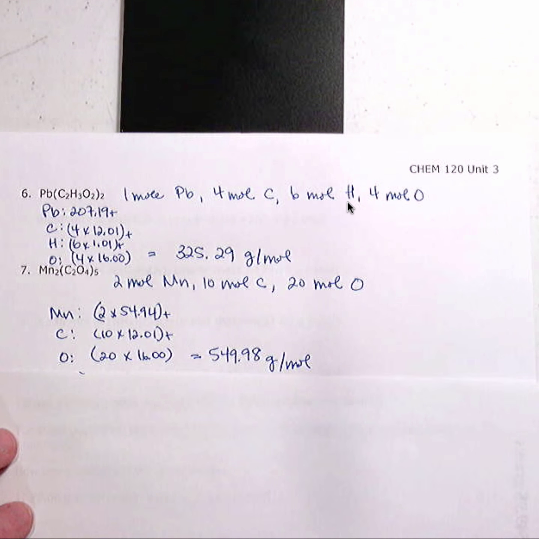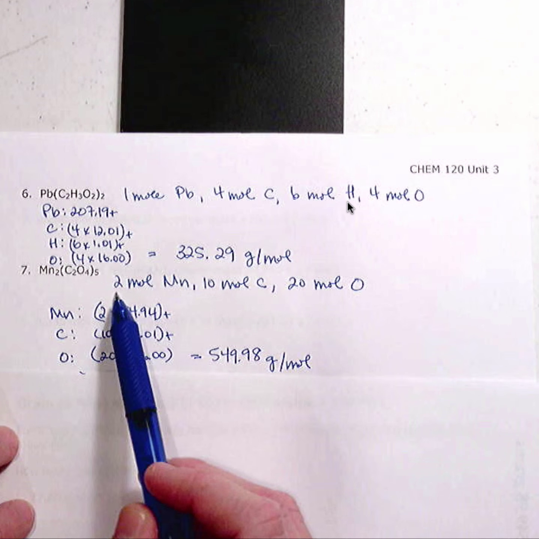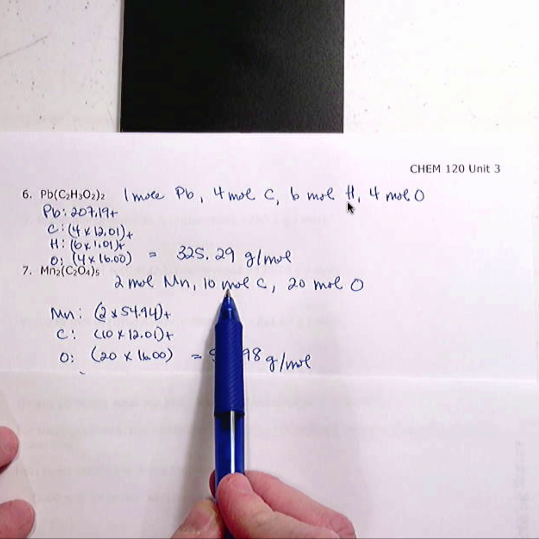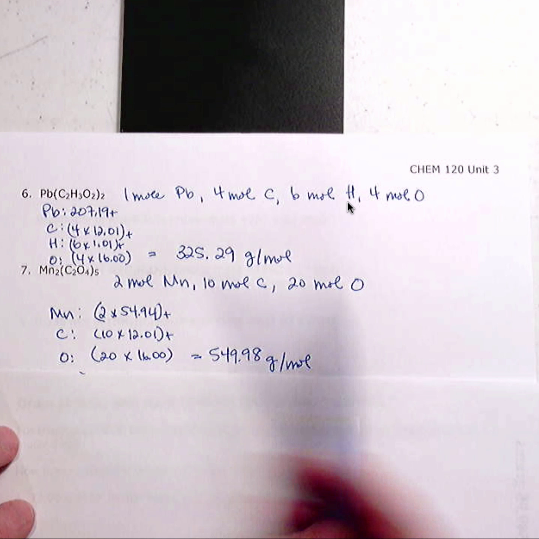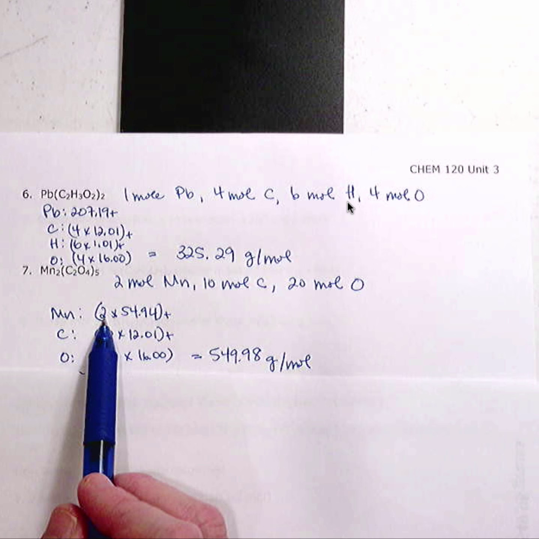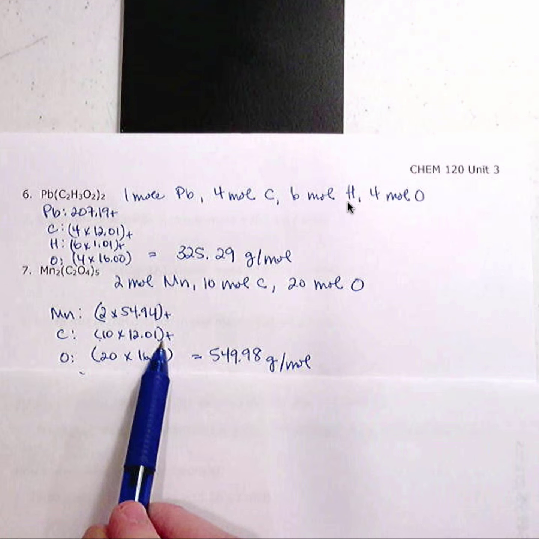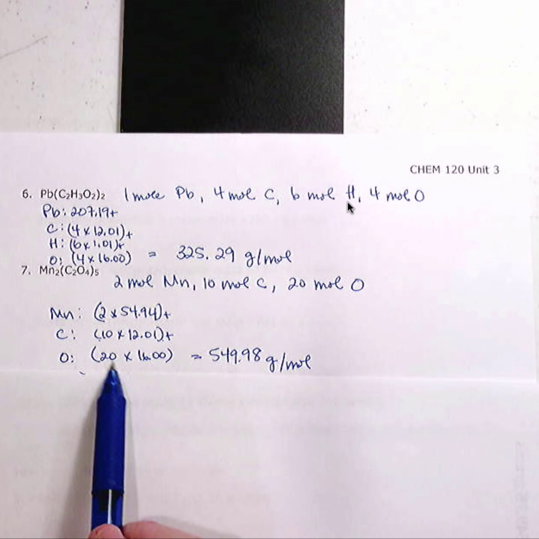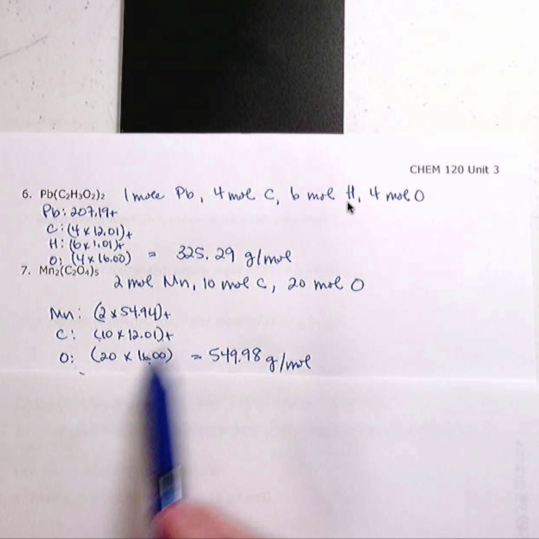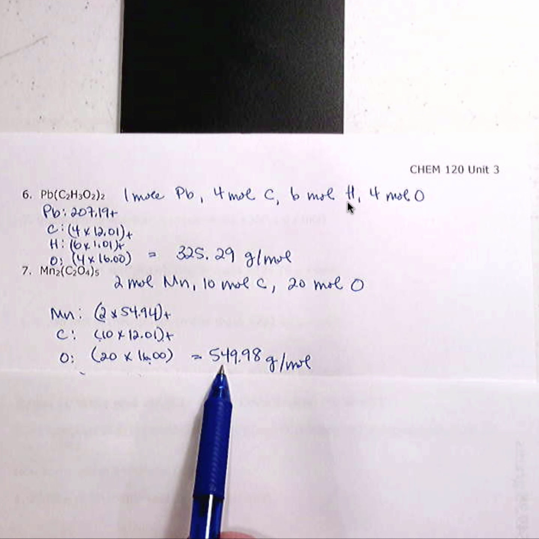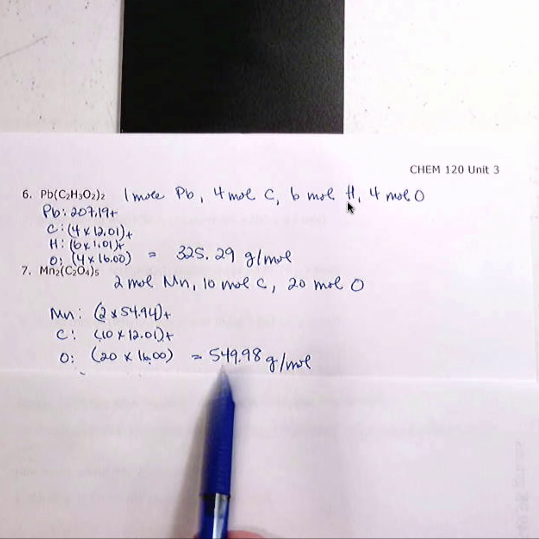And lastly, with manganese oxalate, you have 2 moles of manganese, 10 moles of carbon, 20 moles of oxygen. So manganese is 2 times 54.94, carbon 10 times 12.01, and then oxygen 20 times 16. You add those all together and you get 549.98 grams per mole.